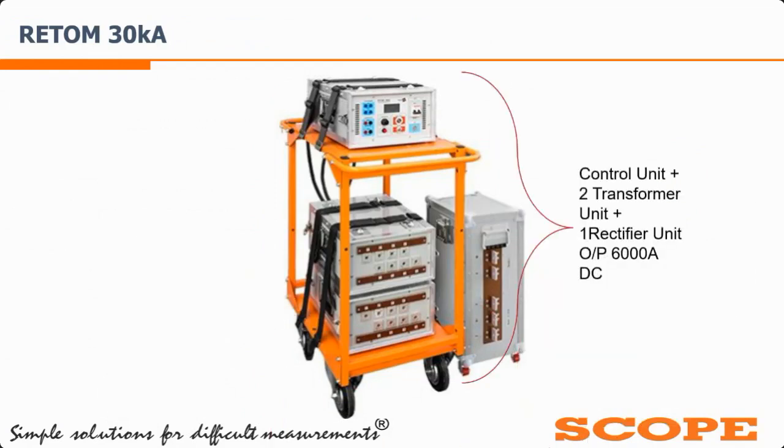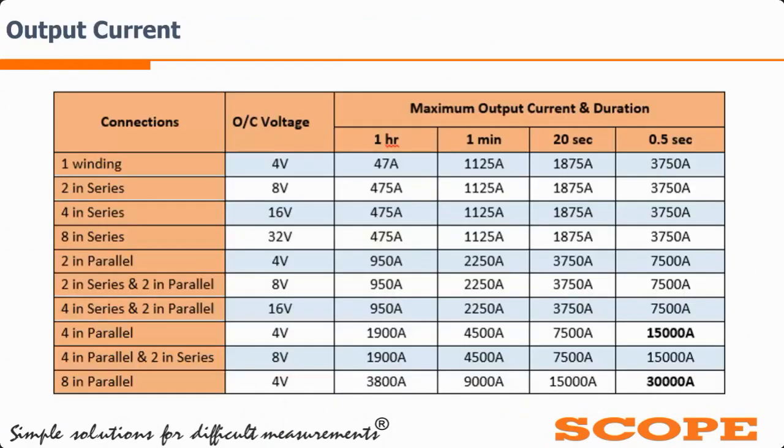And if you want the full set, that is for injection up to 30,000 ampere AC and 6,000 ampere DC, in that case we have to go for a control unit plus two transformer units plus one rectifier unit. So this is for your information that the instrument is capable of injecting 30,000 ampere with two loading units and 15,000 ampere with one loading unit.